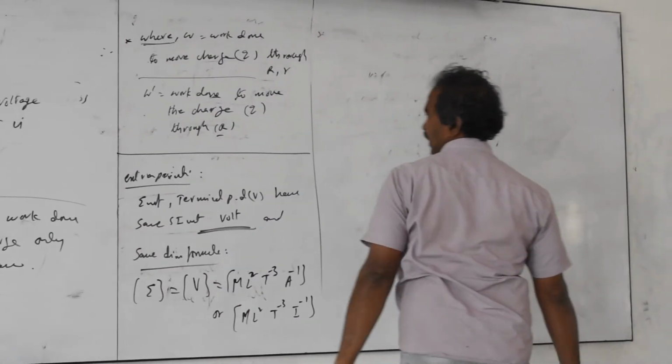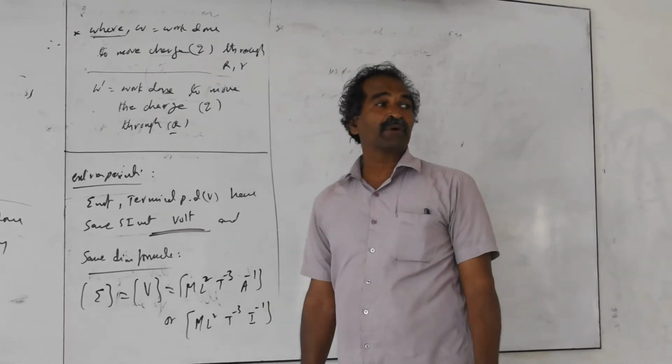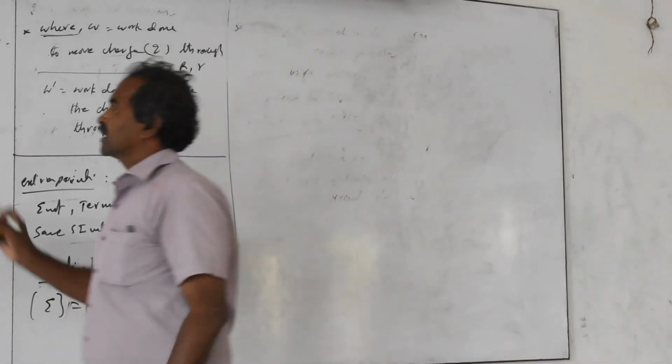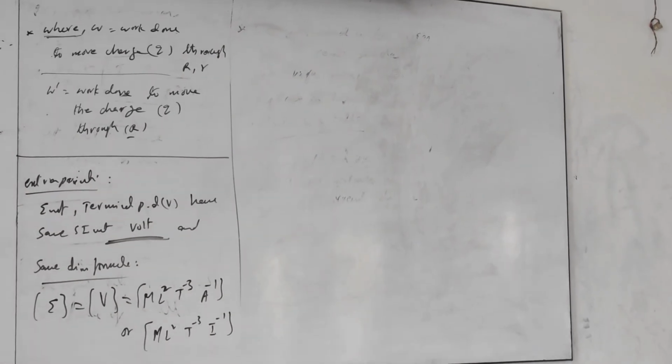One more thing they will ask is when the electromotive force and thermal potential are equal. When do they become equal? From the equation you can check when they become equal.